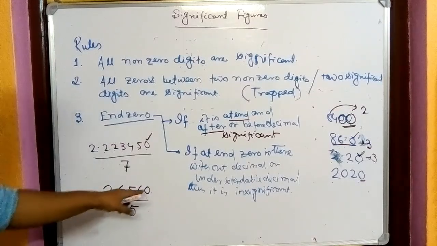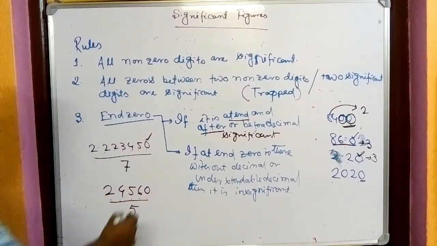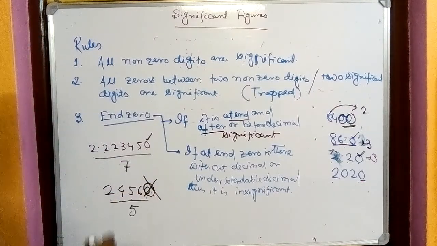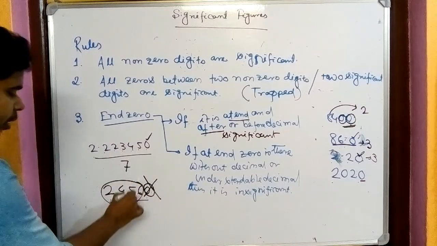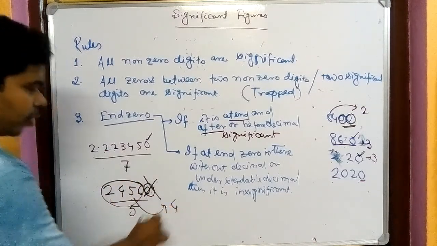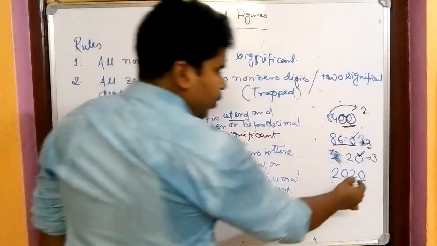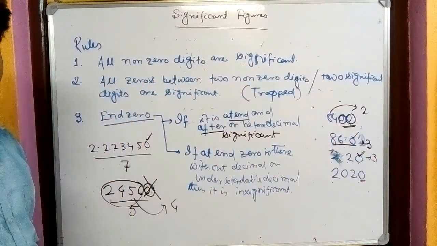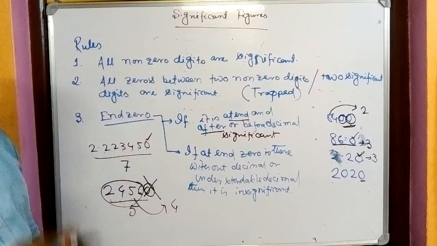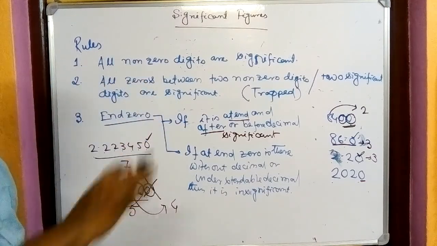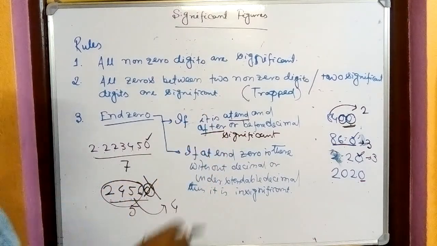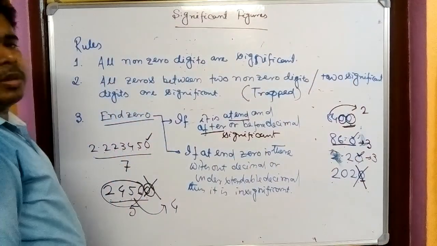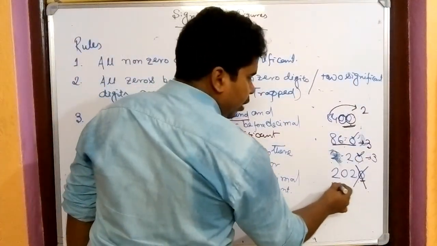In this case, if the point is not given, then this 0 is insignificant, so the significant number is 4. Here also, no decimal point is there, or we can say there might be a decimal, but no decimal exactly there, so we cannot take it as a significant number. So here the significant number will be 3.